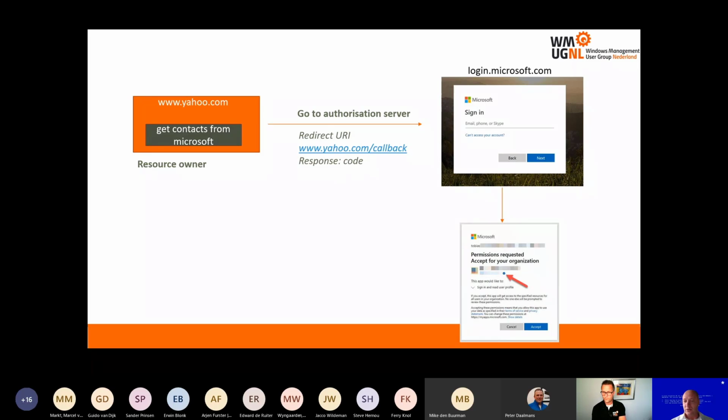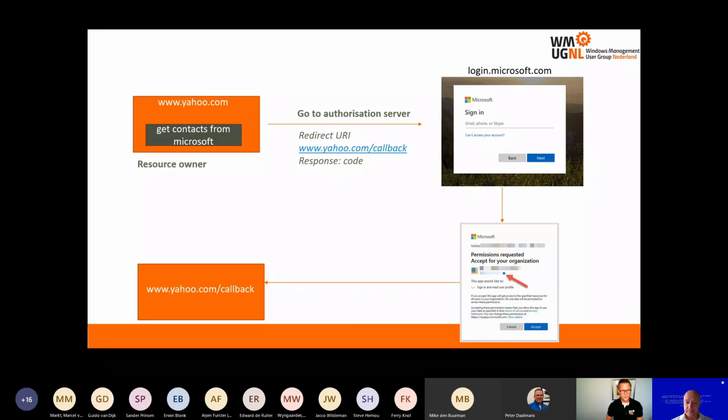Yahoo wants to reach your contacts, for example, so you can authorize Yahoo to always get the contact information. Then you go back with the callback, the redirect URI, and you will get an authorization code, because you asked for the response type code.